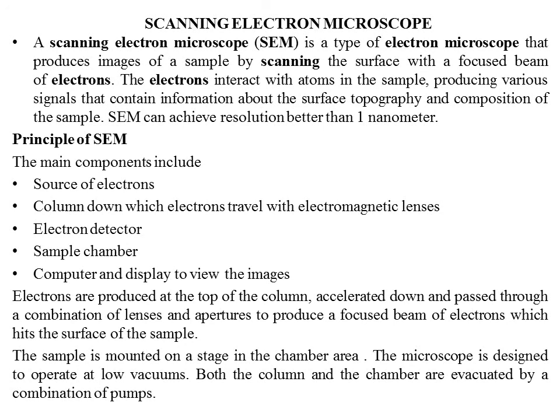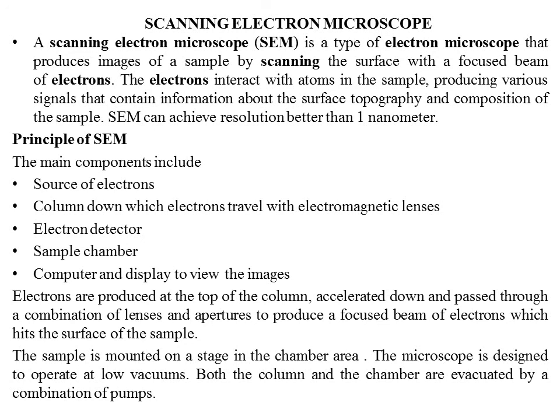Therefore SEM makes use of a beam of electrons to interact with the atoms in the sample. With this type of microscope, we can achieve resolutions better than 1 nanometer, which is better compared to an optical microscope.